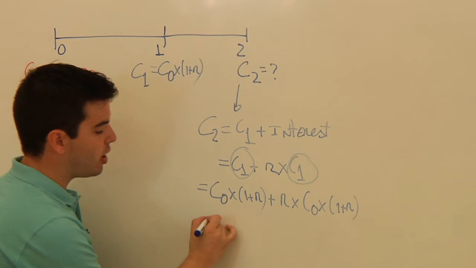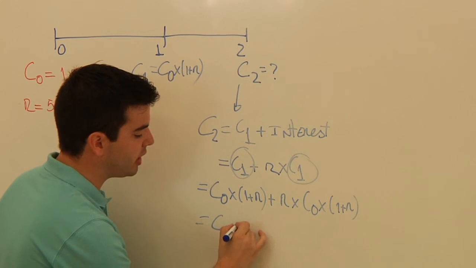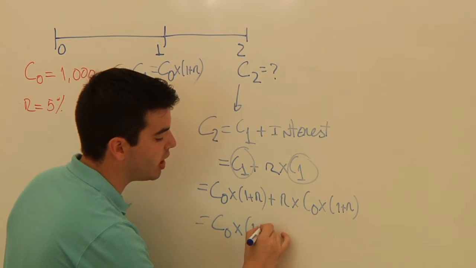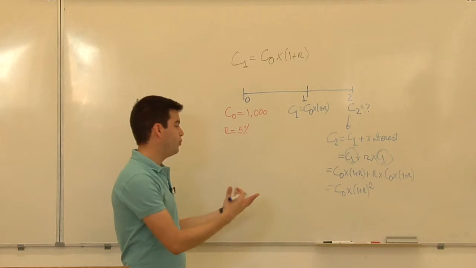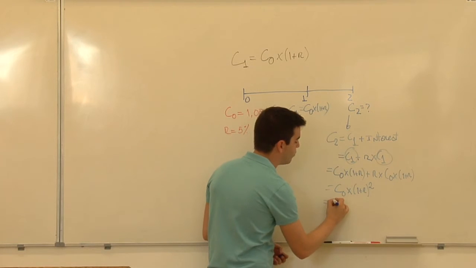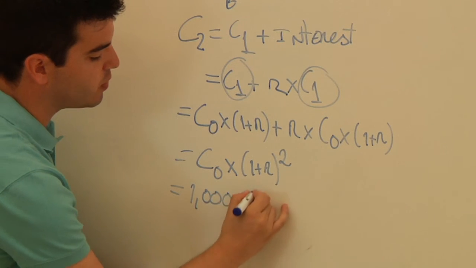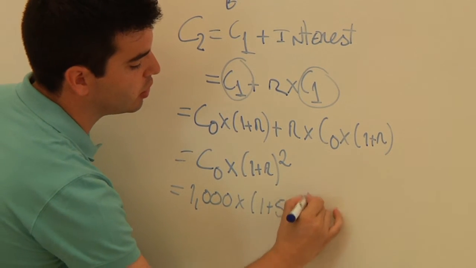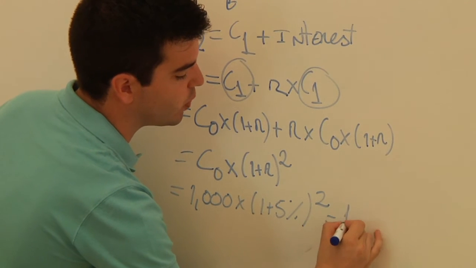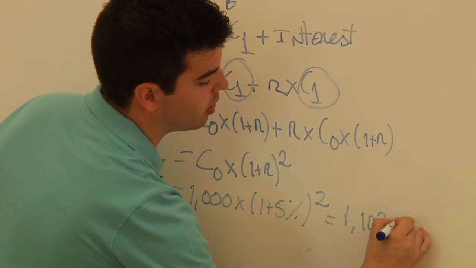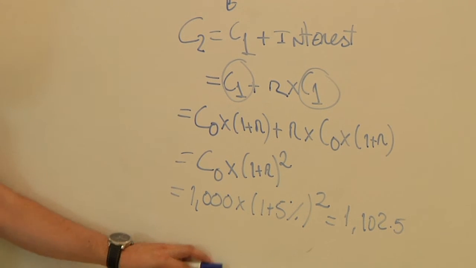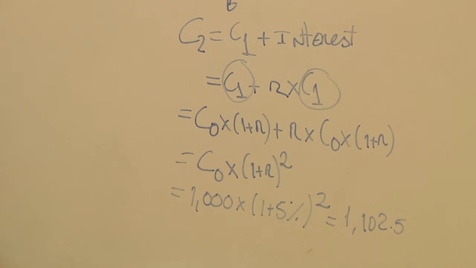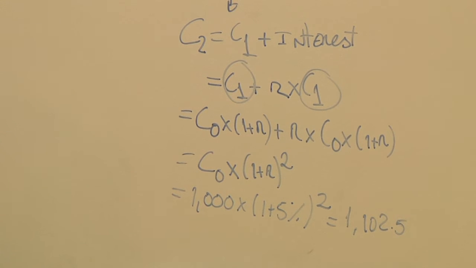If you work this out, you will find that this is simply equal to C0 times 1 plus R to the power of 2. If we use the values we will have 1,000 times 1 plus 5% to the power of 2, which is 1,102.5.